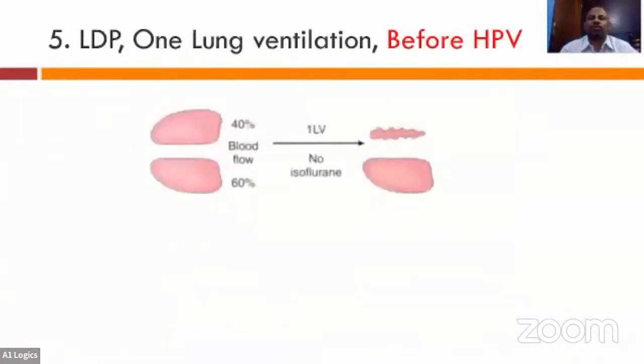What happens when you do one lung ventilation? Once you deflate the non-dependent lung with the help of, say, a bronchial blocker or occluding the DLT, the lung is deflated. Now we have seen that 40% of the blood was flowing in the non-dependent lung and 60% in the dependent lung.